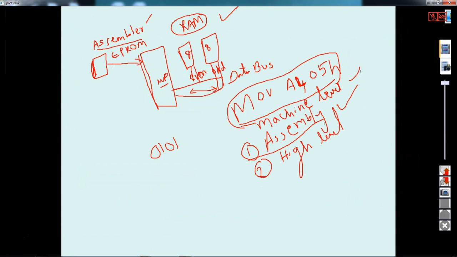Your ROM is connected, which is EEPROM or E square PROM. So your assembler will be sitting in your E square PROM. The moment you write this instruction and compile, this assembler will convert it into machine level language.